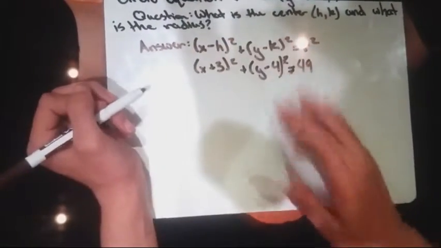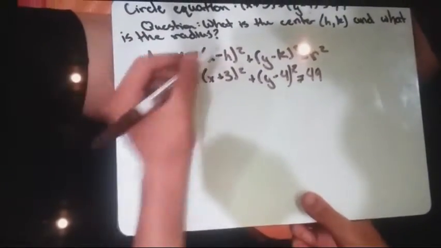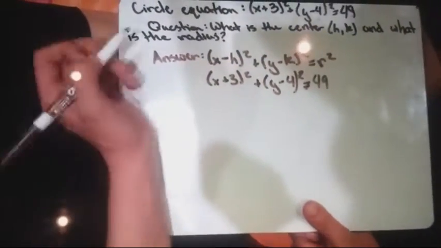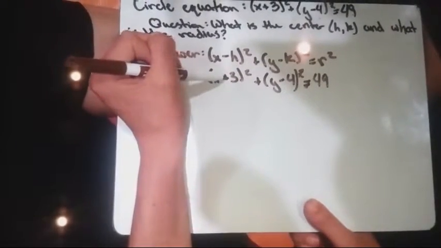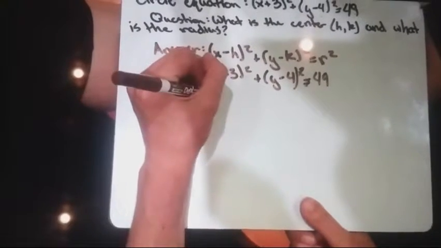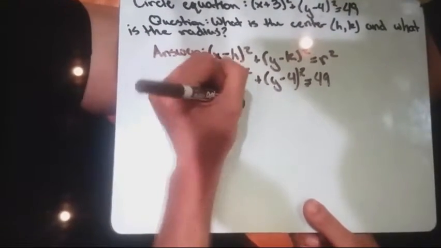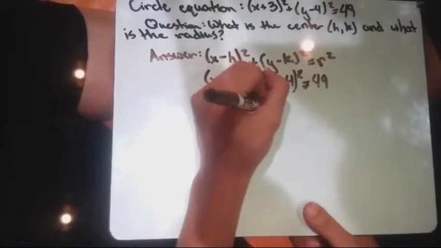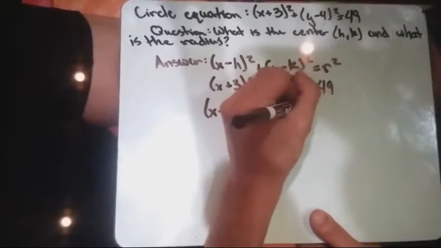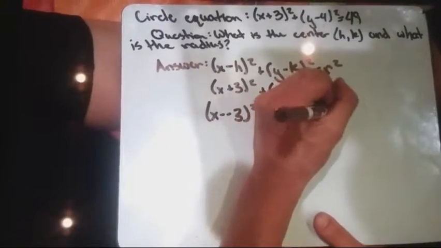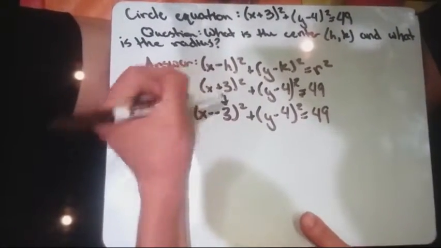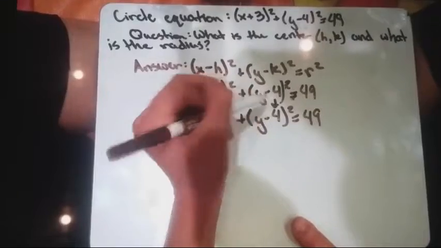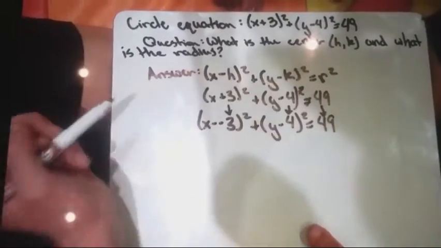As you can see, these are really close, so they're already in the form. But there's a problem here because this is minus and this is plus. So you can write it as (x minus negative 3) squared plus (y minus 4) squared equals 49. You can see that this is h, this is k, and this will be r.